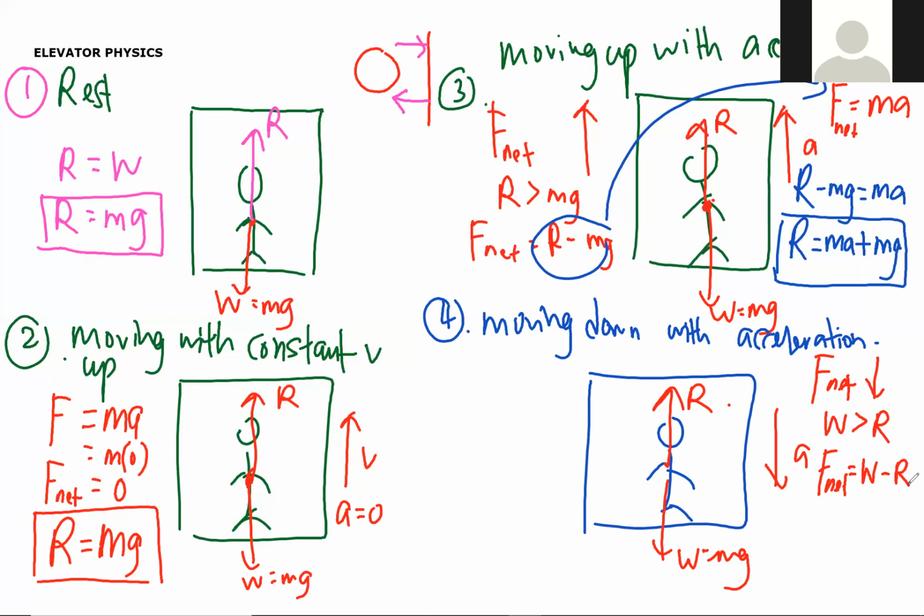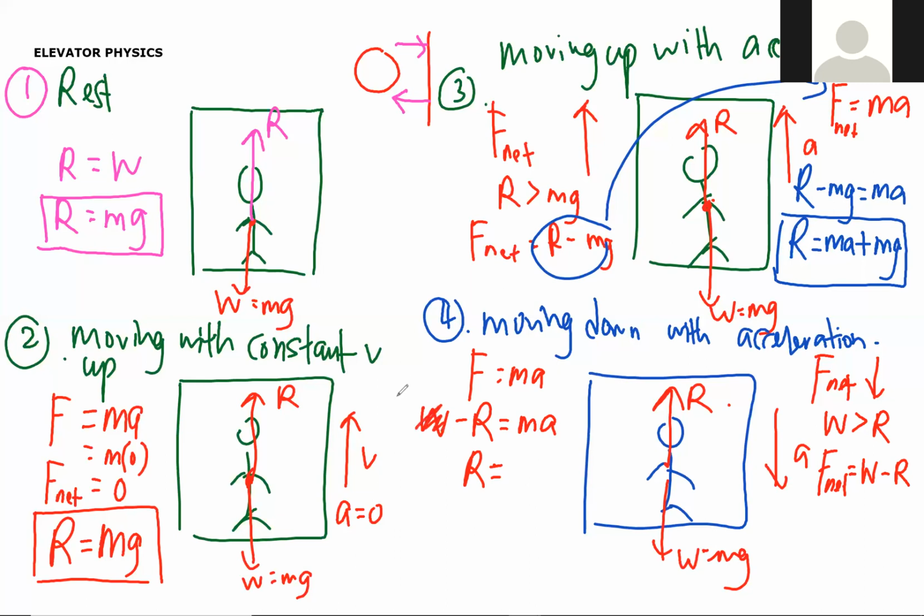So from the equation F equals to ma, substitute W minus R inside. So you have W minus R equals to ma, and then for W you put mg.